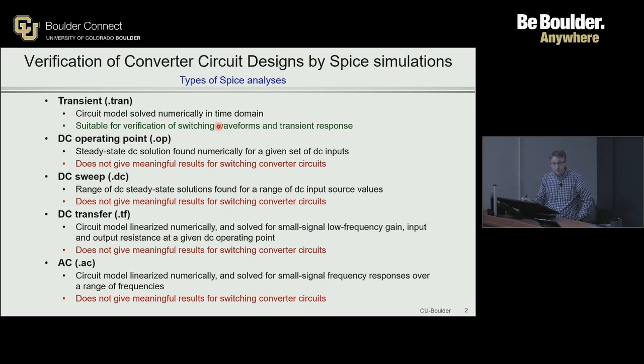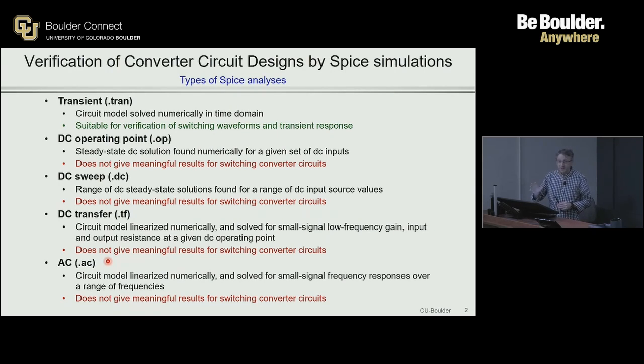They can be solved in a SPICE transient simulation, but all other types of SPICE simulations that we find normally useful in analysis and design of analog or mixed signal circuits do not really apply. Operating point, DC sweep, DC transfer function, or AC analysis do apply, but do not give meaningful results because the converter circuits are time varying.